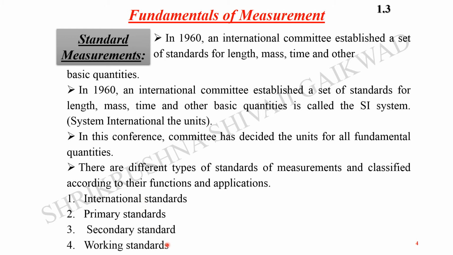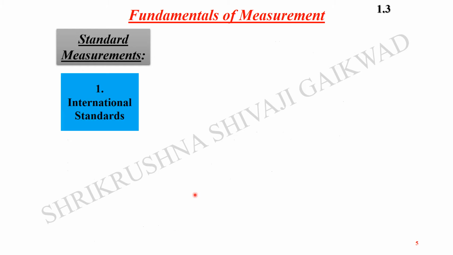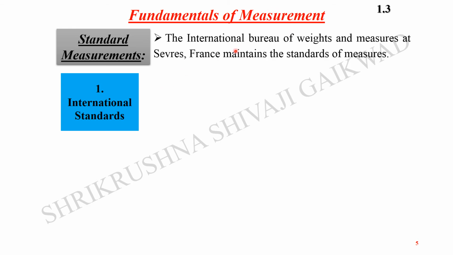They categorized them and decided some rules to follow to make these standards available to everyone. Now the first one is the international standards. What is it? The International Bureau of Weights and Measures at Sèvres, France.